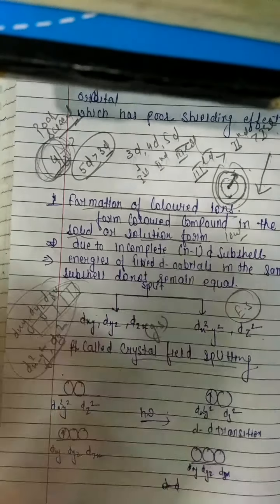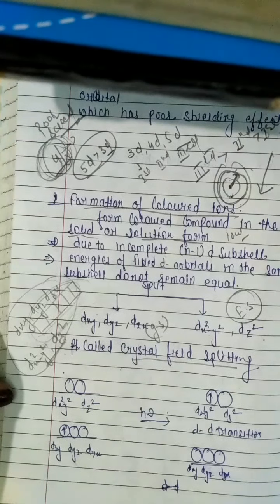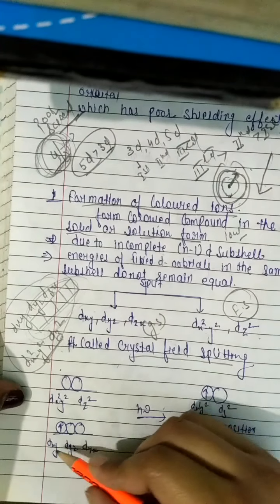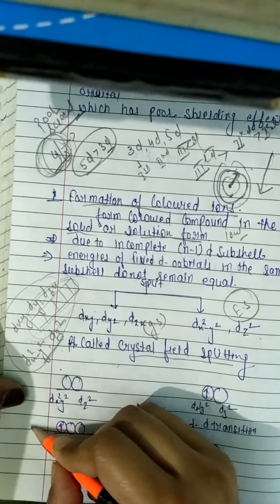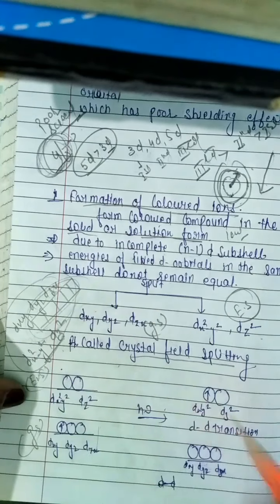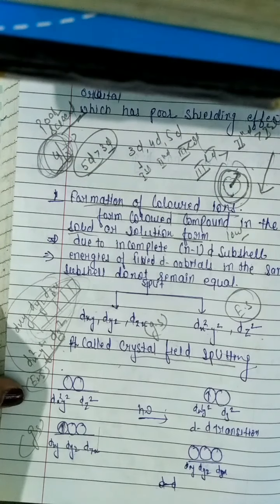Now, how do they show color? The dxy, dyz and dzx are found in the ground state and the other two are found in the excited state. Firstly, the electron is present in the ground state.